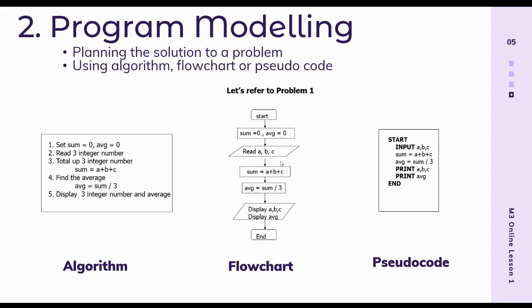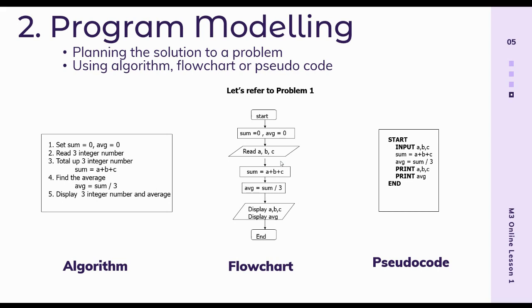Next, let's go to flowchart. We will start using the oval. Next is to have a process because we will initialize sum is equal to 0 and avg is equal to 0. Next is an input, so we will read the integers a, b, and c. Next, we will again use a process.